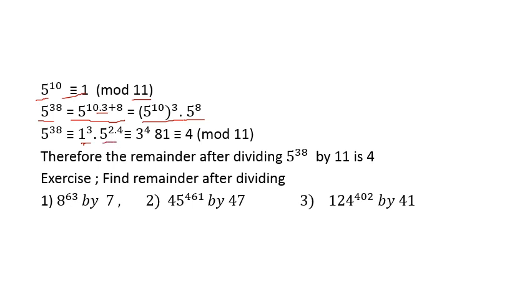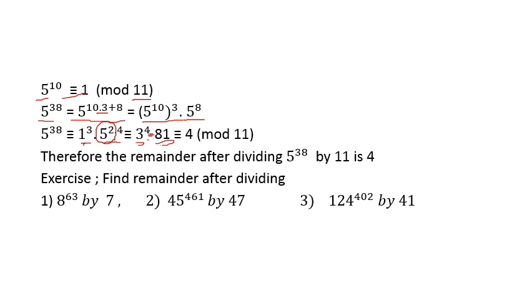That I will write as 5 power 2, whole power 4. 5 power 2, when you multiply, you get 25. 25 is congruent to 3. 3 power 4, that is 81.